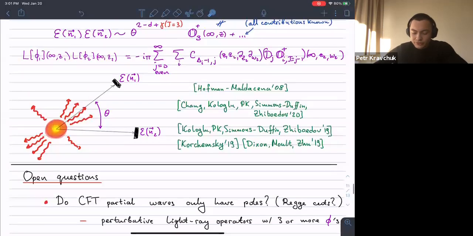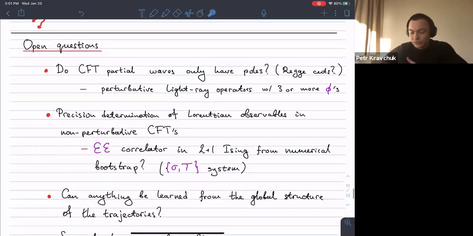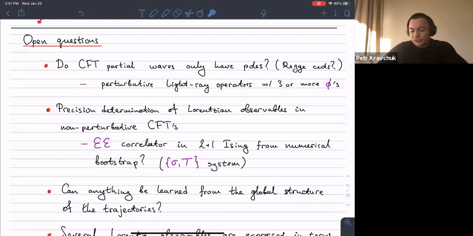This is related to the structure of Regge trajectories, in the sense of whether they're isolated trajectories, or whether there are some sort of surfaces instead of trajectories. This is the question of whether there are Regge cuts in CFTs.